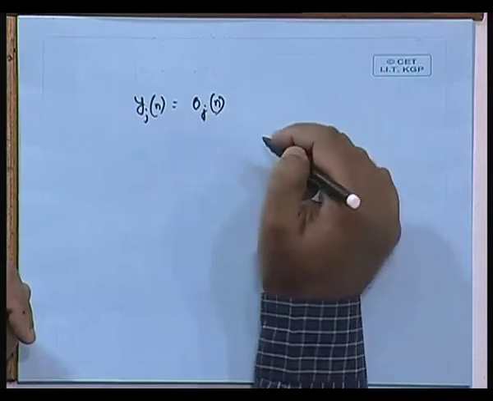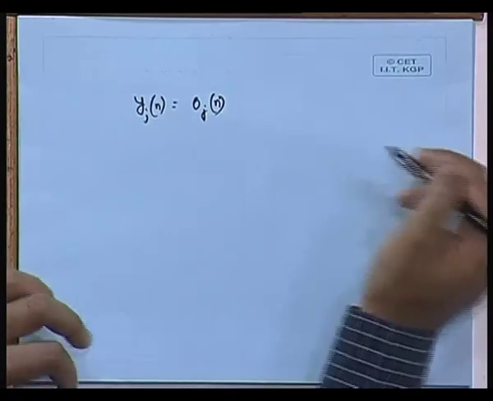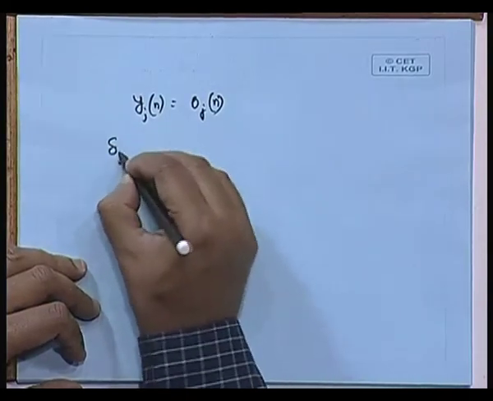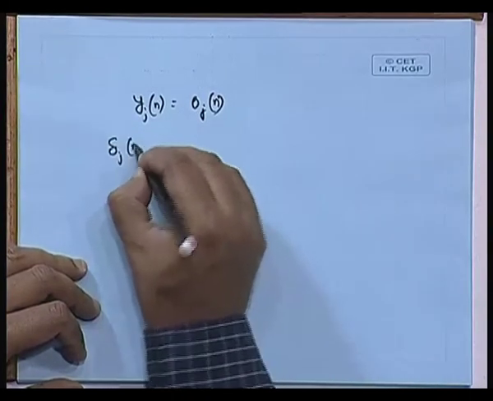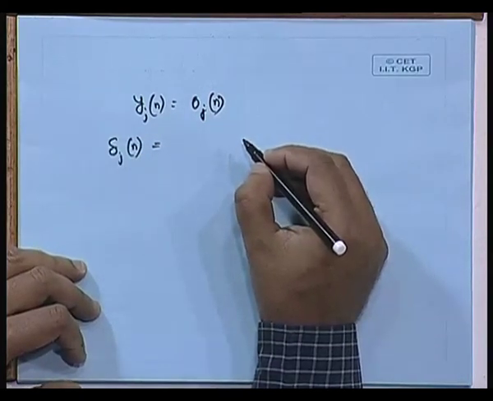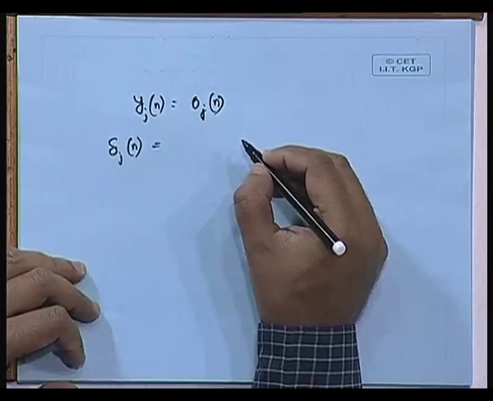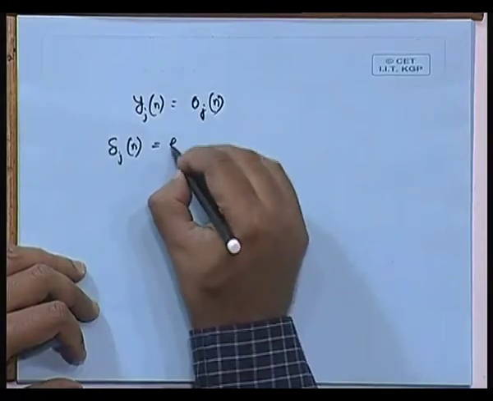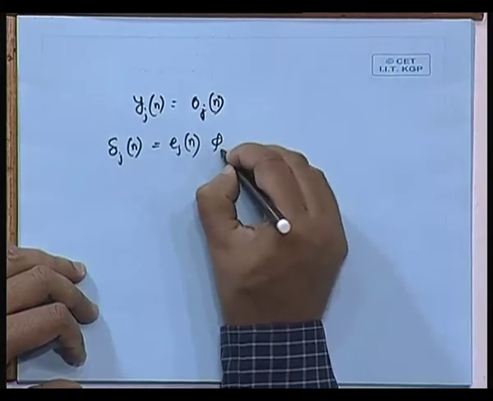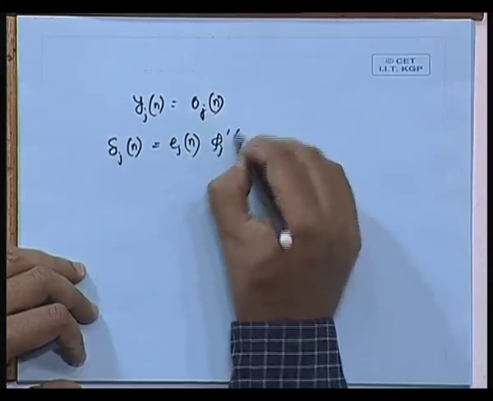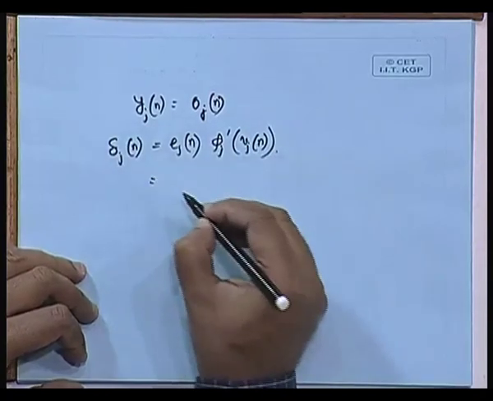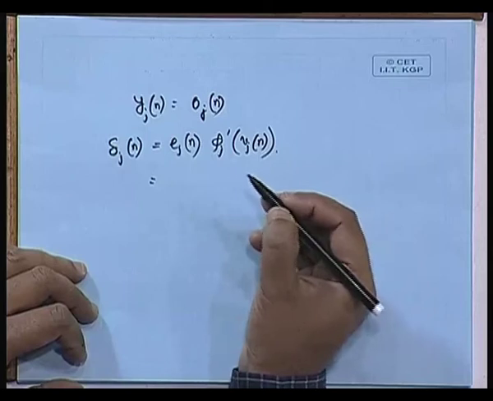So, yj is the final output, and in that case the local gradient, that is delta j n, will be equal to Ej times phi dash j. So, this is Ej at iteration n times phi dash j Vj n, and what is phi dash if we are considering the logistic function?